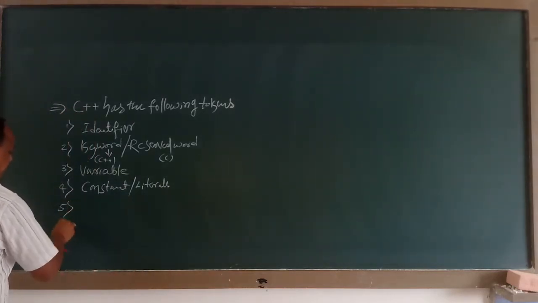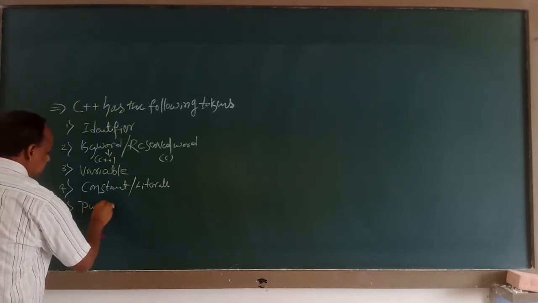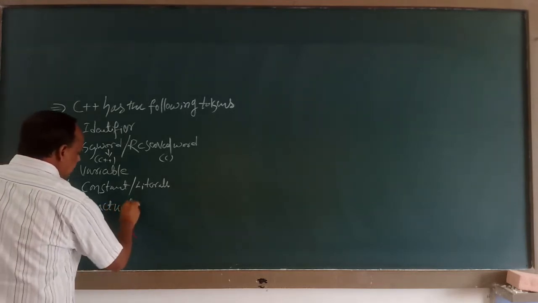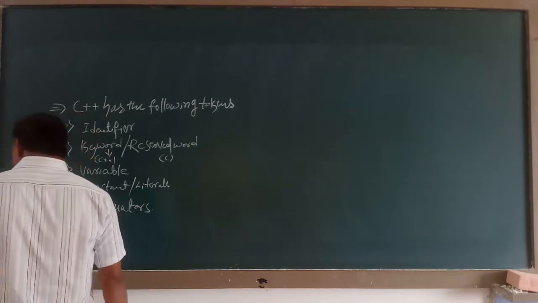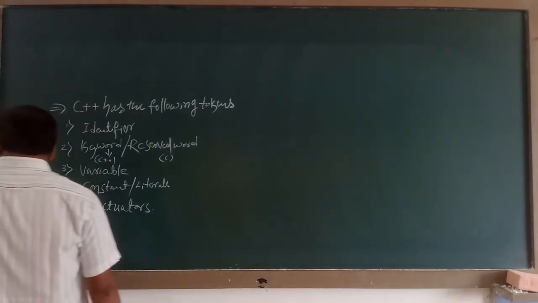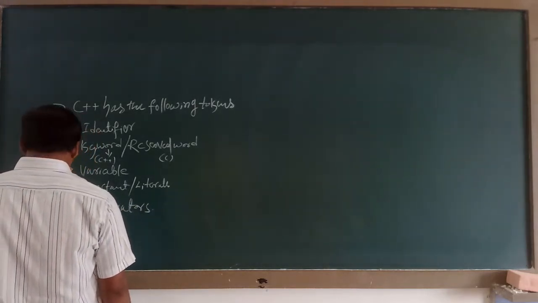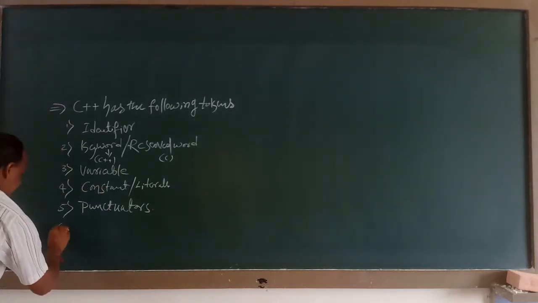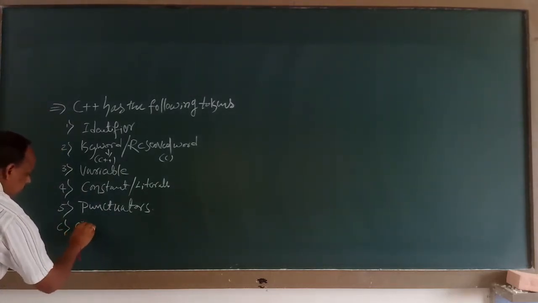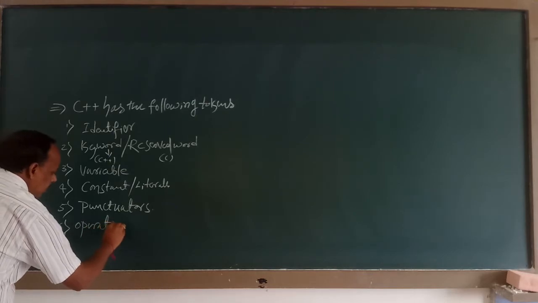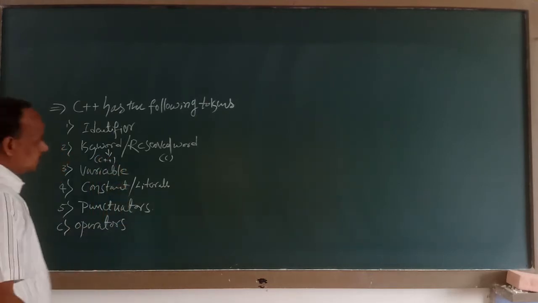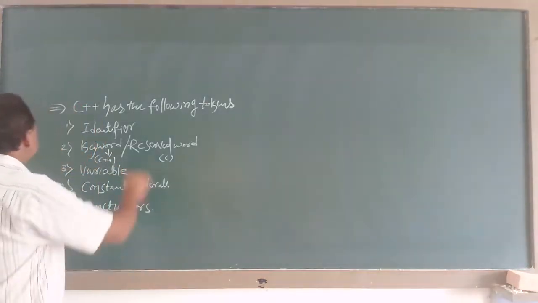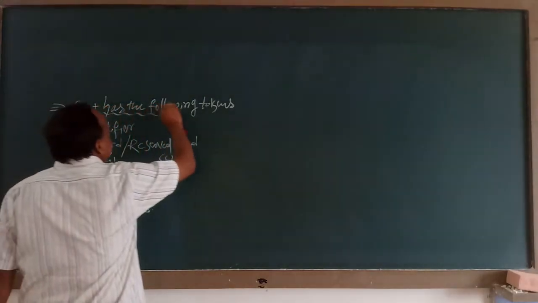Fifth one, punctuators, and sixth one, operators, right? So these are the tokens in C++.